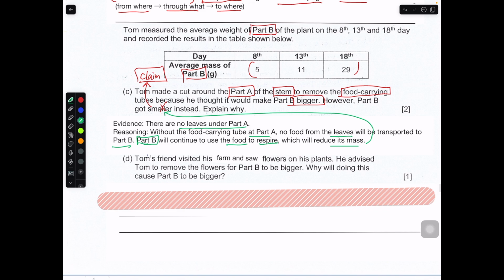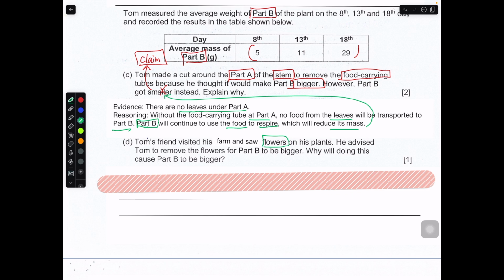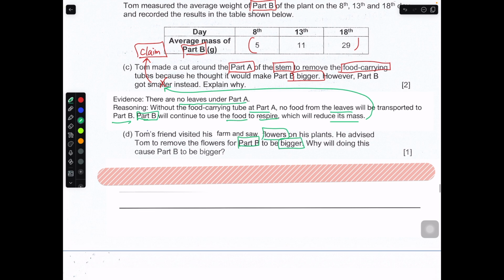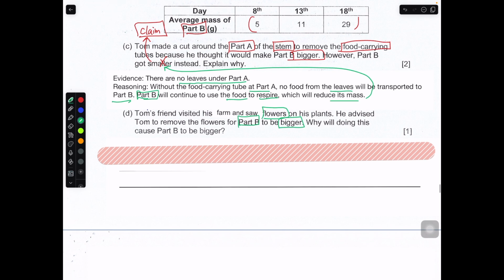Tom's friend visited his farm and saw flowers on his plant. He advised Tom to remove the flower for part B to be bigger. So he's trying to say, if you remove the flower, B will become bigger. Why will doing this cause part B to become bigger? So why when you remove flowers, the part B, which is the root parts, will become bigger?